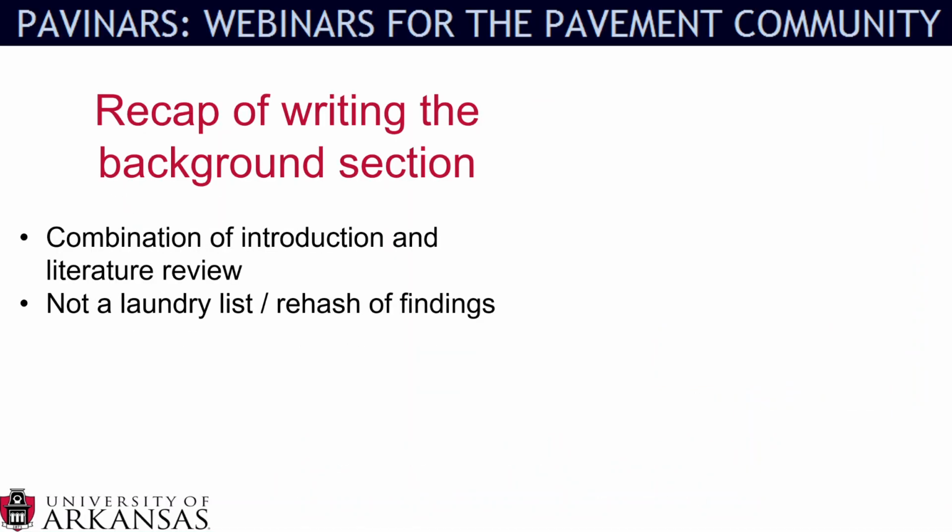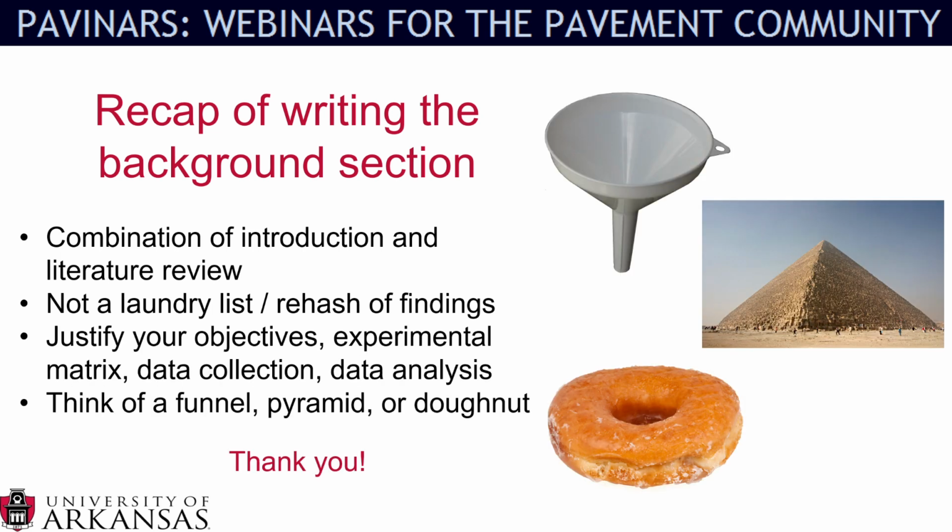So as a recap, it's my opinion that a background section can be a combination of an introduction and a literature review. It should not just be a laundry list or a rehash of existing research findings. It should justify your objectives, your experimental matrix, your data collection, your data analysis. And if you like pictures, I like pictures. If you like donuts, I love donuts. You can think of a background section as either a funnel, a pyramid, or a donut.